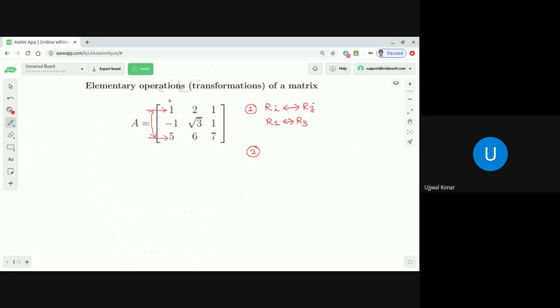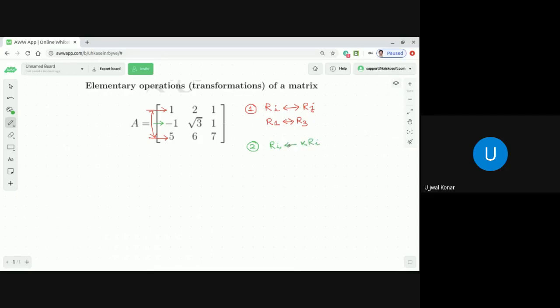For example, I want to multiply the second row of this matrix. Each and every element in this second row is multiplied with a scalar quantity called k. So what is the operation? The new Ri becomes k into Ri.